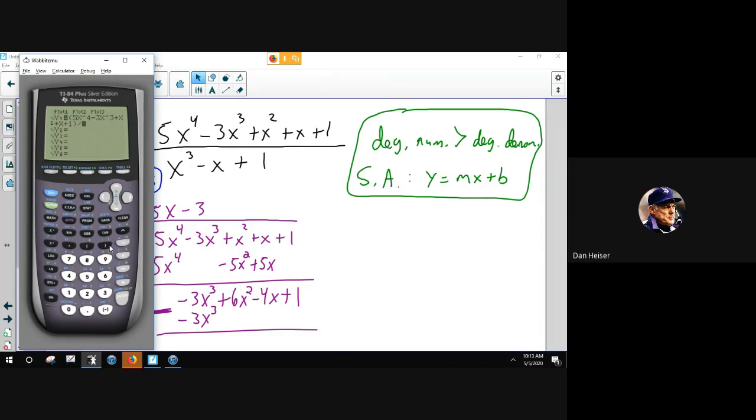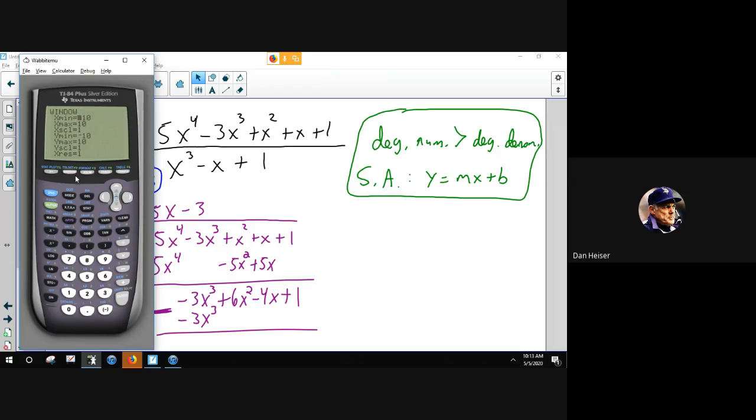All that divided by x to the third minus x plus 1. If I graph that, I get this.